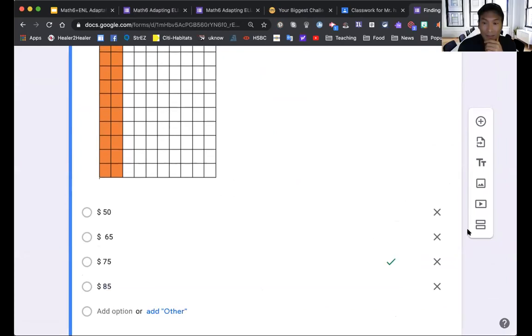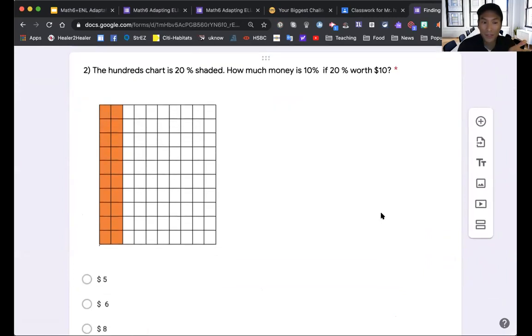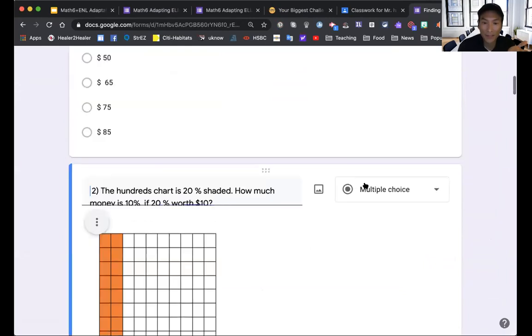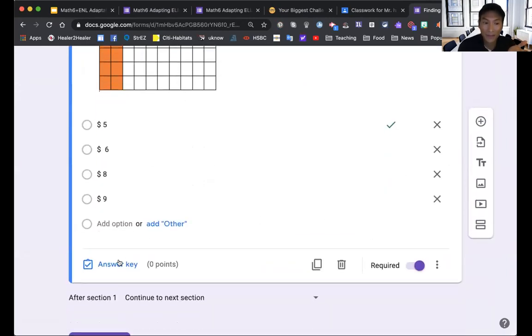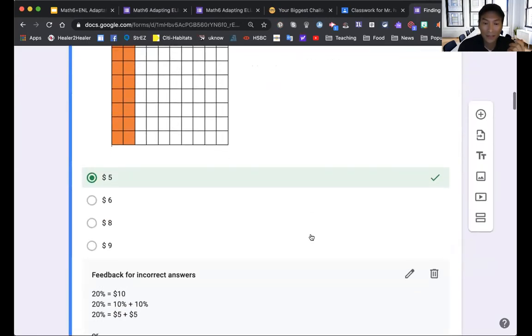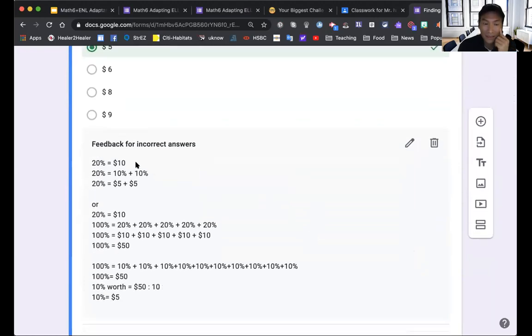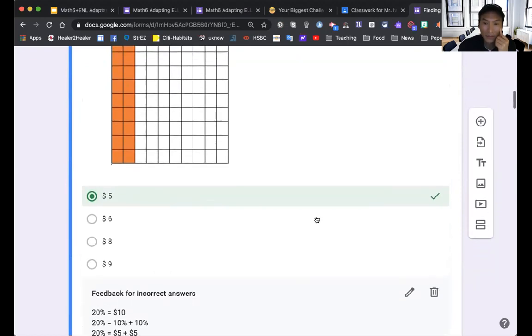You click it. Okay, so here's question number 2. There's nothing here. You just click this white space and it'll open up. And then here's the answer key. I didn't write this in, the math teacher did, but this is how you check which is the right answer.